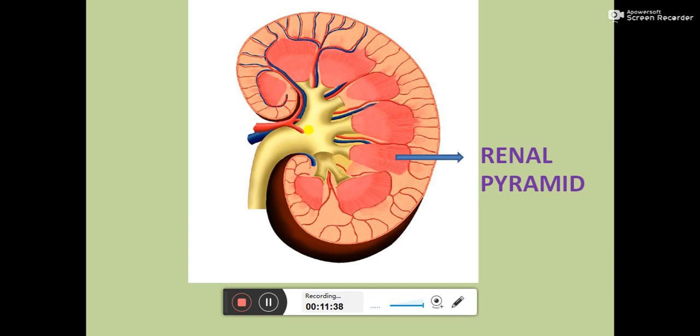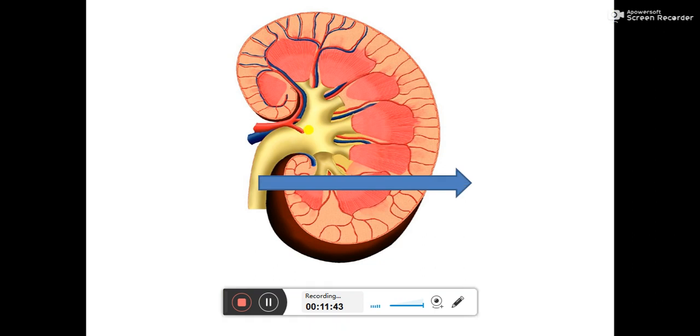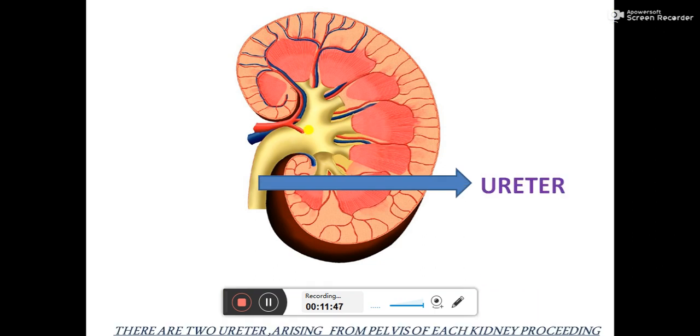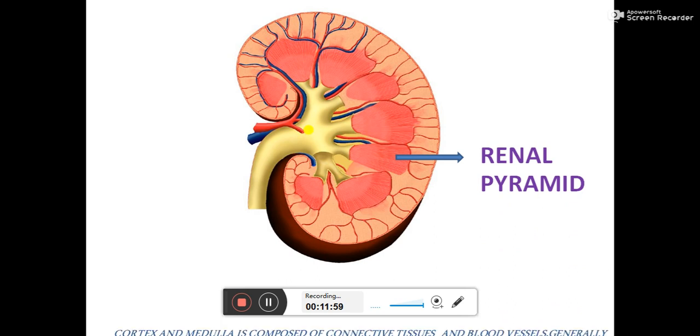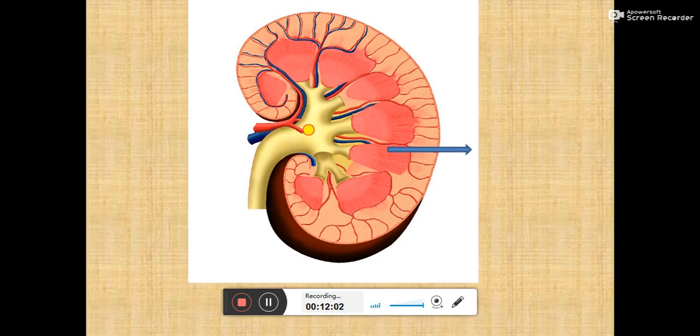Generally, there are 8 to 12 renal pyramids in a kidney. Ureter. There are two ureters arising from the pelvis of each kidney, proceeding downwards to open into the urinary bladder. Renal pyramid. We have learned about it.